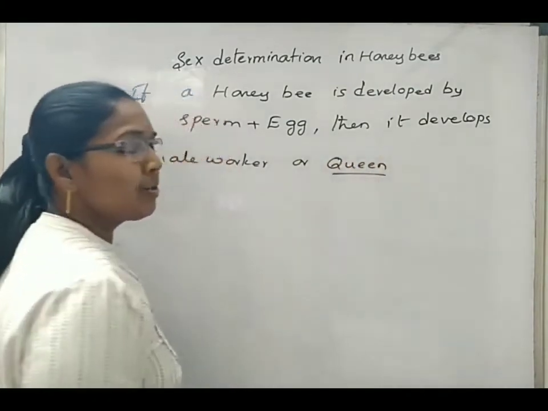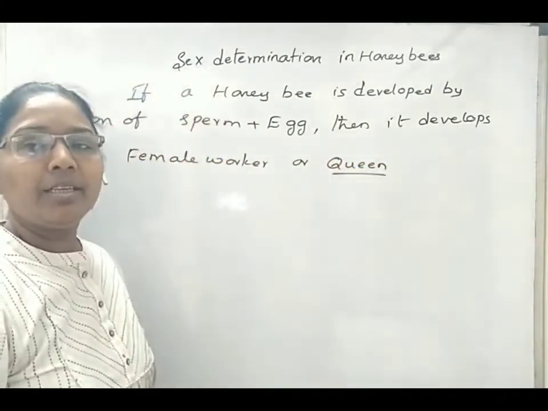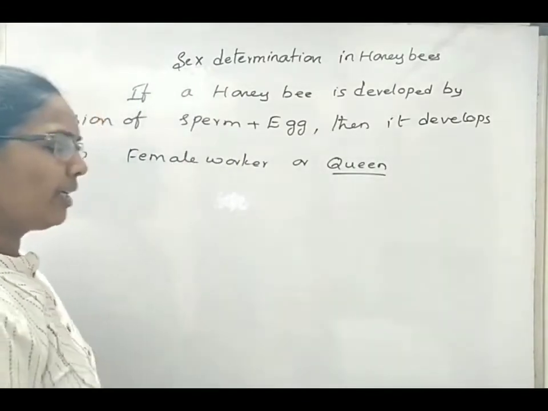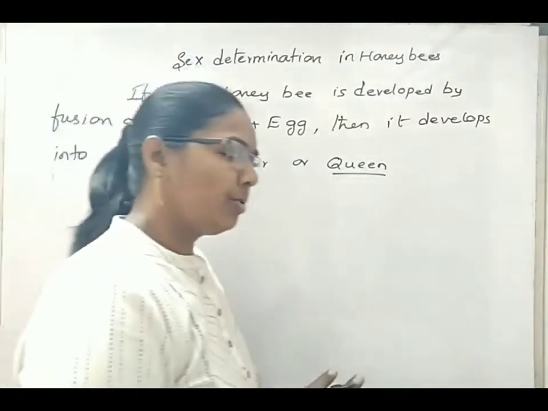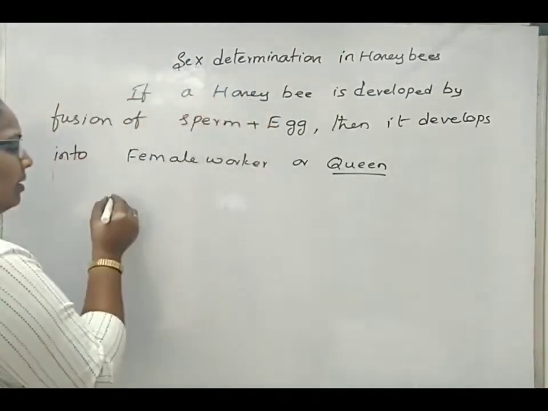Means if it has to be a queen, then after fertilization, the larva has to be fed with royal jelly. Next, what is happening in case of drones or male honeybees?